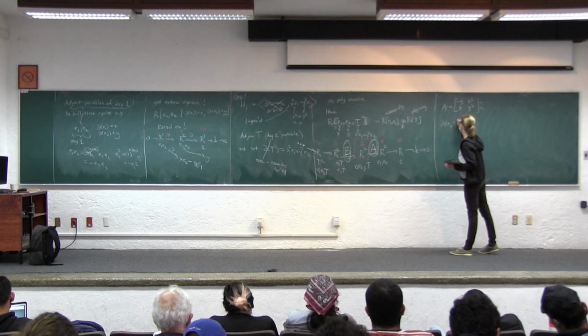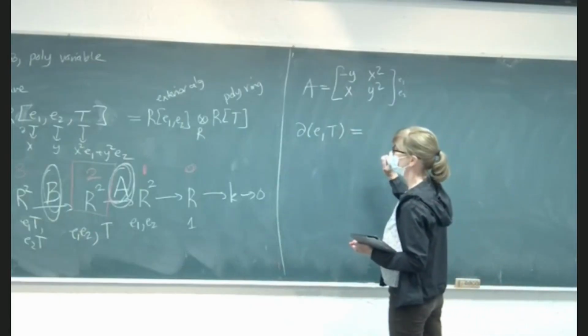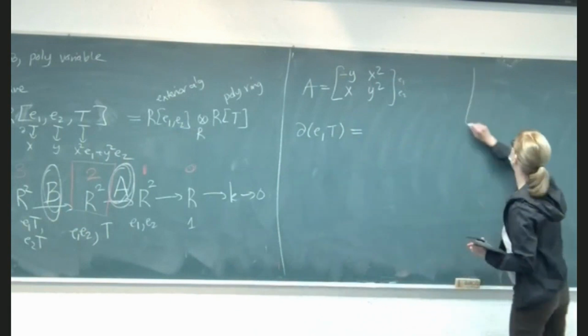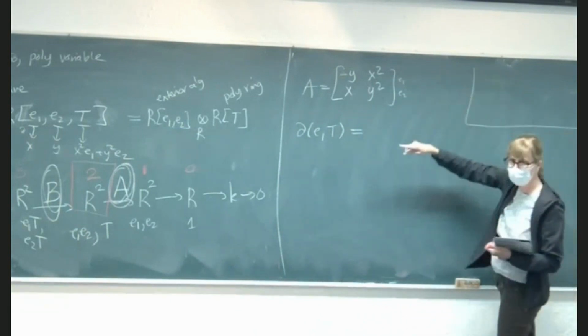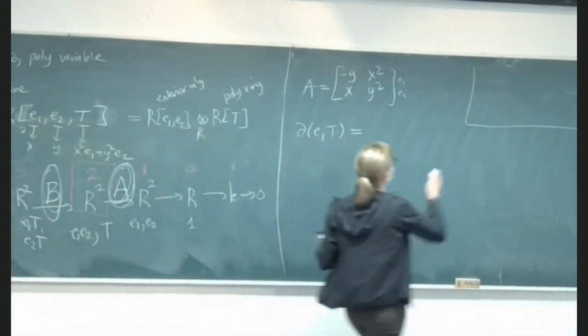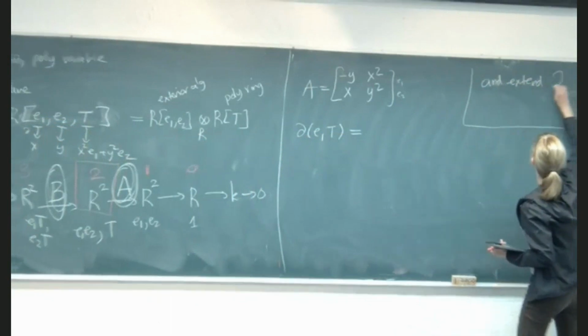So the boundary of E1T is by Leibniz rule. I forgot to say: you adjoin the variable, you define the boundary to be whatever, and then extend the boundary by Leibniz.